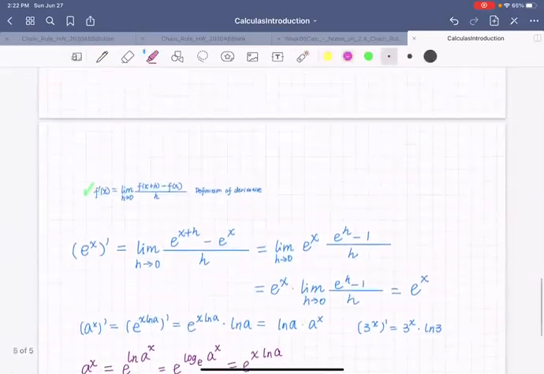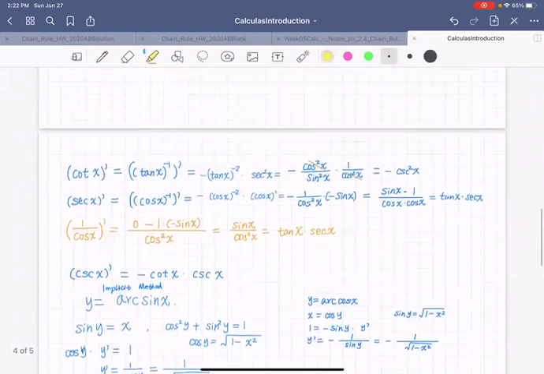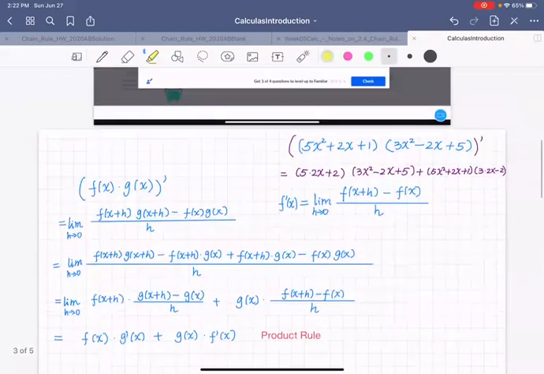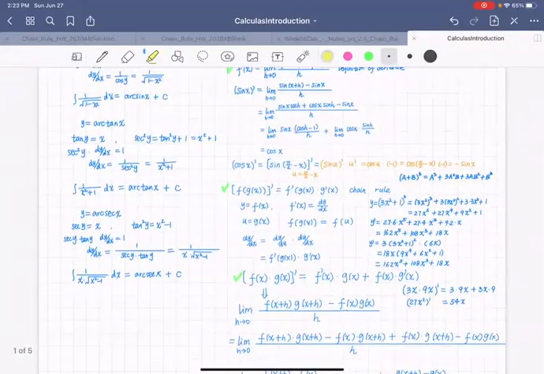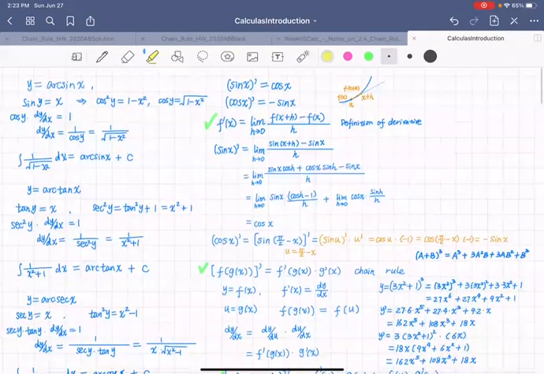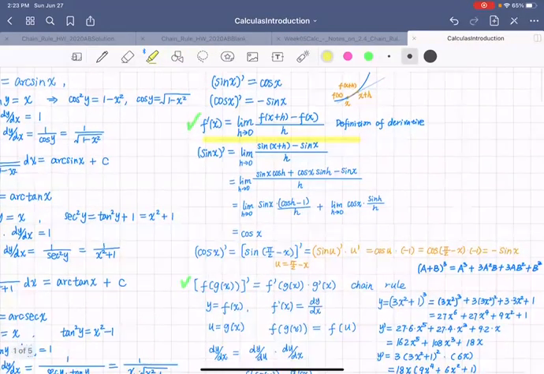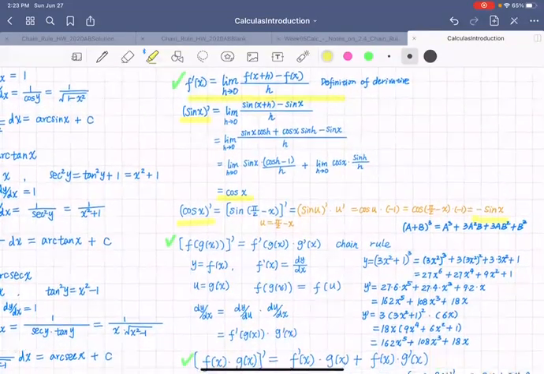Now, with the formulas, you have to know where they come from and the conclusion. So I'm going to highlight the things you need to remember, okay? What is needed? The definition of derivative. Sine x derivative equals cosine x. Cosine x derivative is negative sine x.